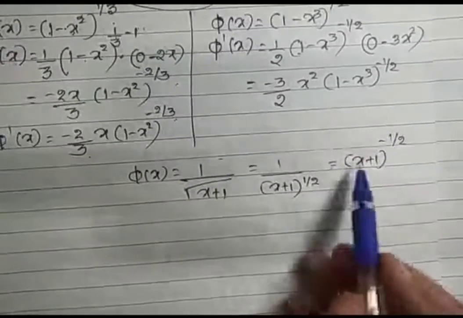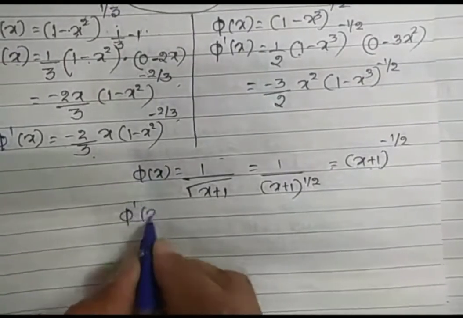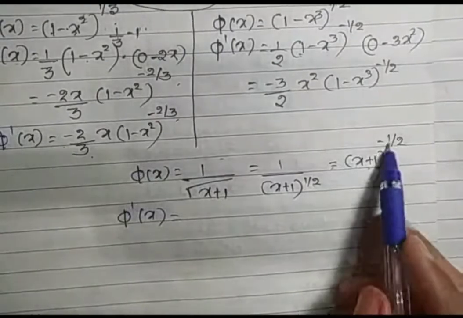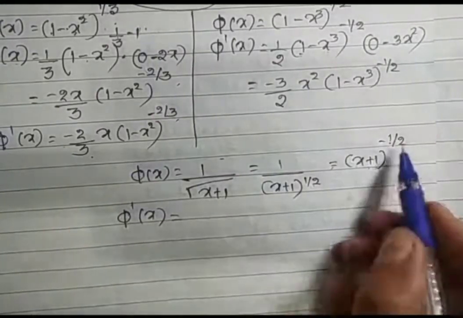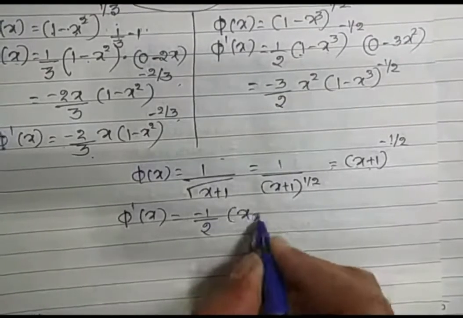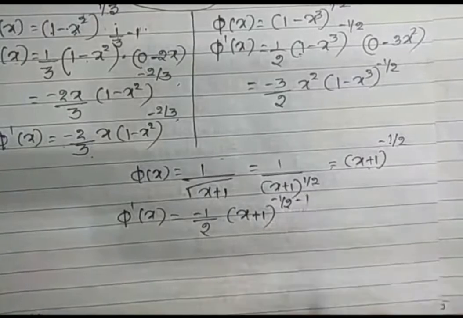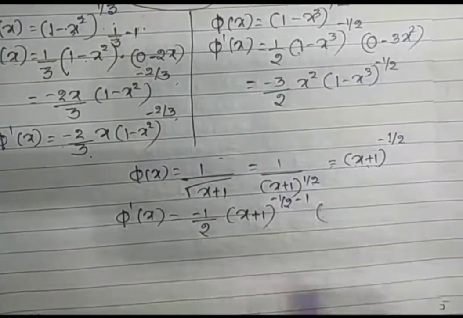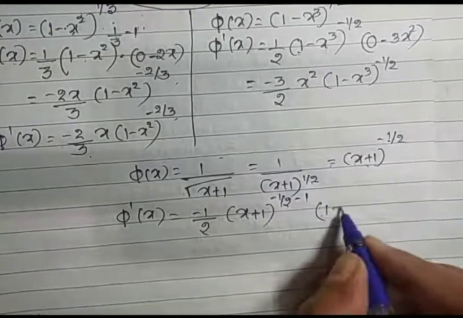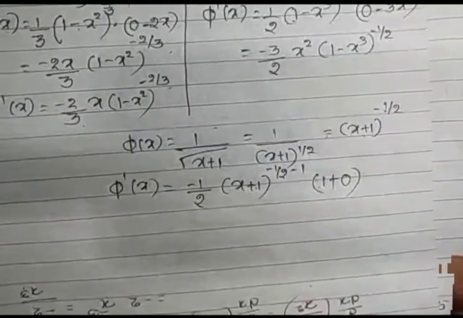Then next, now we need to take its derivative. Therefore phi dash of x is equal to the power as it is, minus 1 divided by 2, bracket term as it is, then minus 1 divided by 2 minus 1. In the bracket, the derivative of x is 1, the derivative of 1 is 0, so 1 plus 0 is 1.